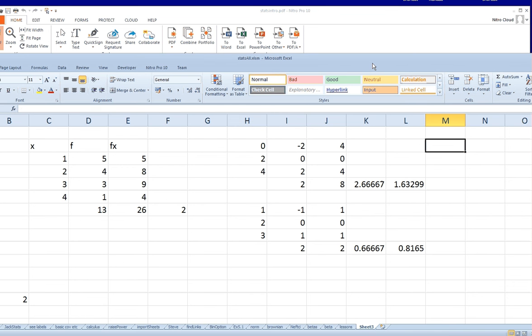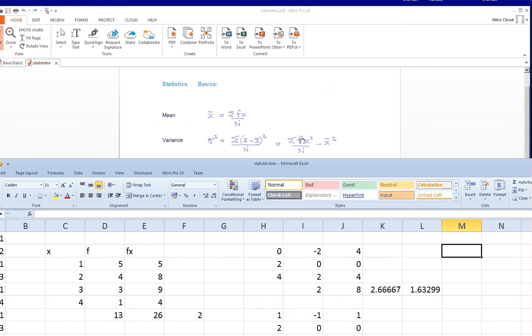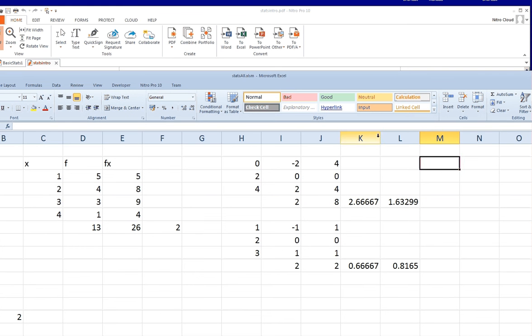First of all, the formula says sigma x squared, so I need to first of all square them. So I'm going to take this and square them, and check those numbers are correct. Yes, they're all the squares there. So I'm going to add them up now, with auto sum, and then divide that number by 3, which gives us this.